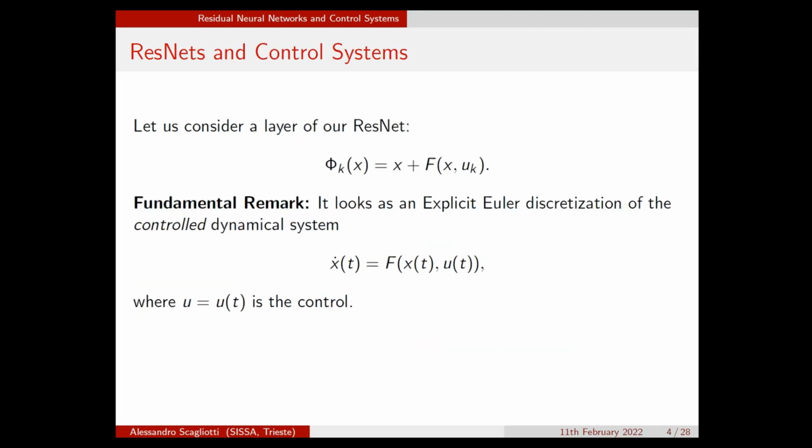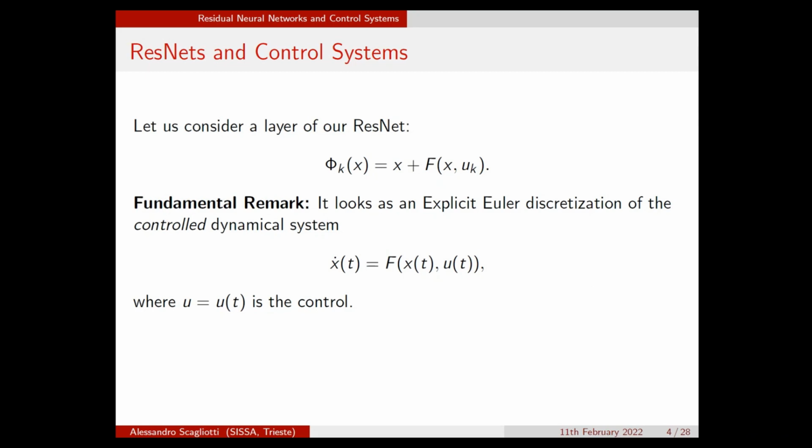Now I'm going to tell you a fundamental observation that basically bridges the world of residual neural networks with the world of control theory. Indeed, if we look at one of those elementary mappings, we immediately realize that it is an explicit Euler discretization of a parametric dynamical system. This is the dynamical system that is essentially discretized in an elementary function.